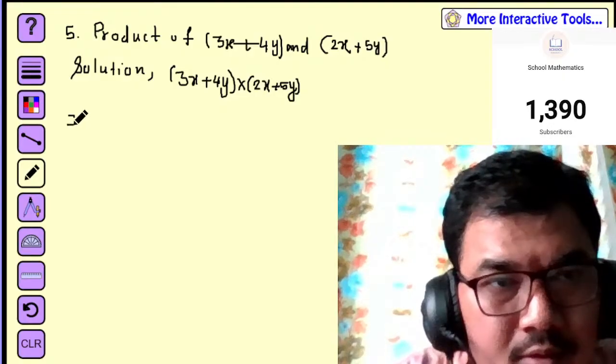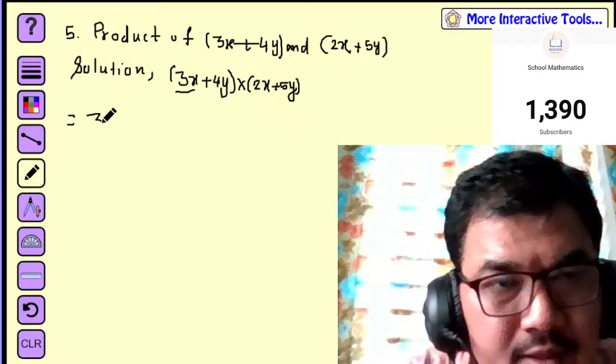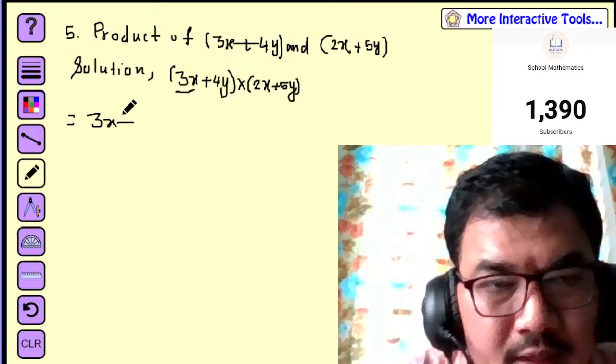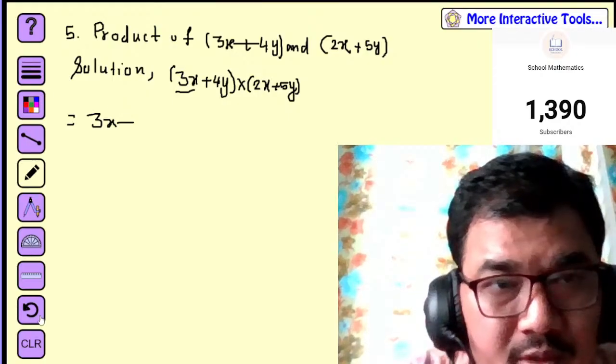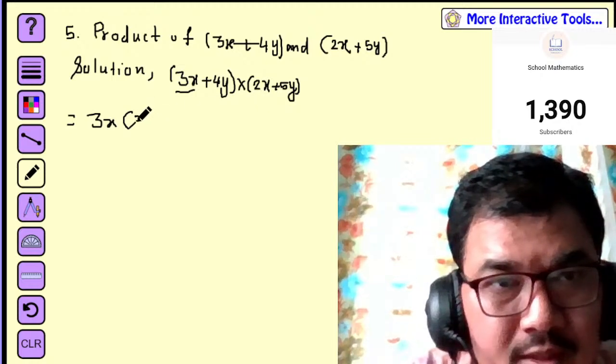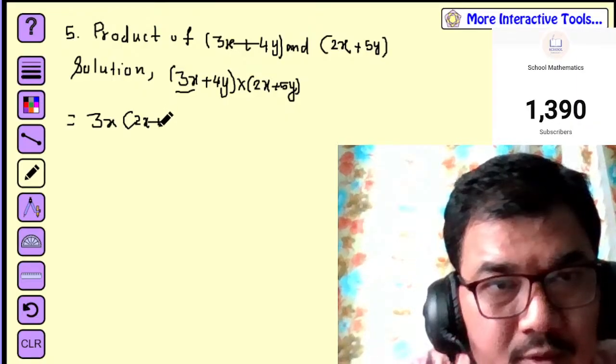After this, what to do? See here. First is the term 3x. Write 3x here. Then 3x is going to multiply with this 2x plus 5y.